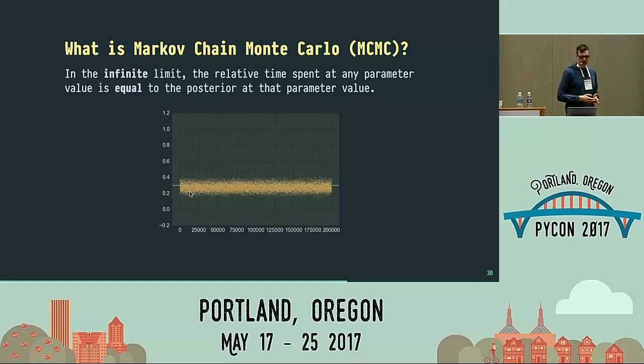So what that means is, let's say you make a horizontal slice here that has a certain short width, let's say 0.01 or so, and then you count how many of these infinitely many points are in this slice, and you do this for all possible slices, and if you then scale it by the number of, well, infinity, so the number of elements in the chain, what you will get then is a good approximation of the posterior. So this is how this method works.